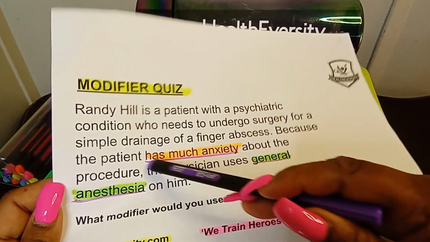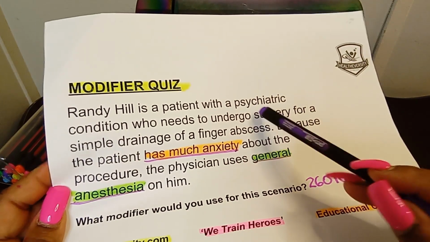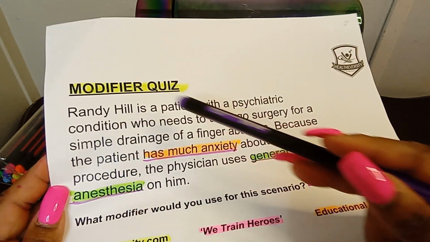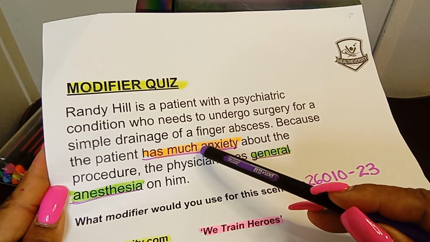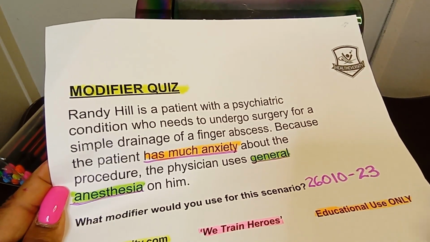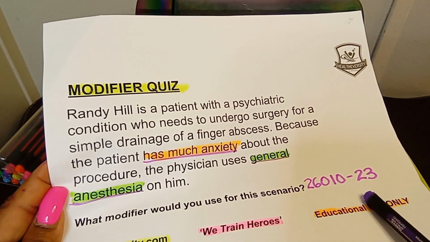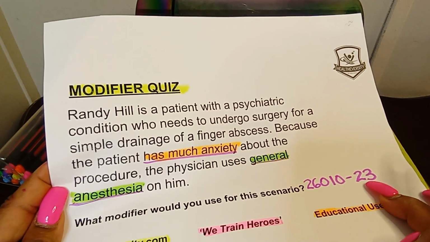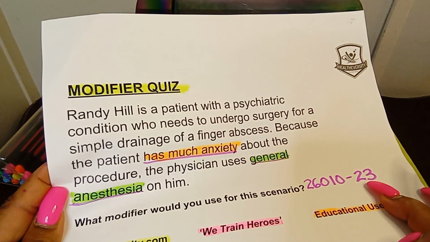Those simple words give the whole story. The diagnosis is a psychiatric condition, and they're doing surgery for a simple drainage, but because of his anxiety they had to use general anesthesia. That is the reason, so we would code 26010 and append modifier 23. And there it is for modifier 23.